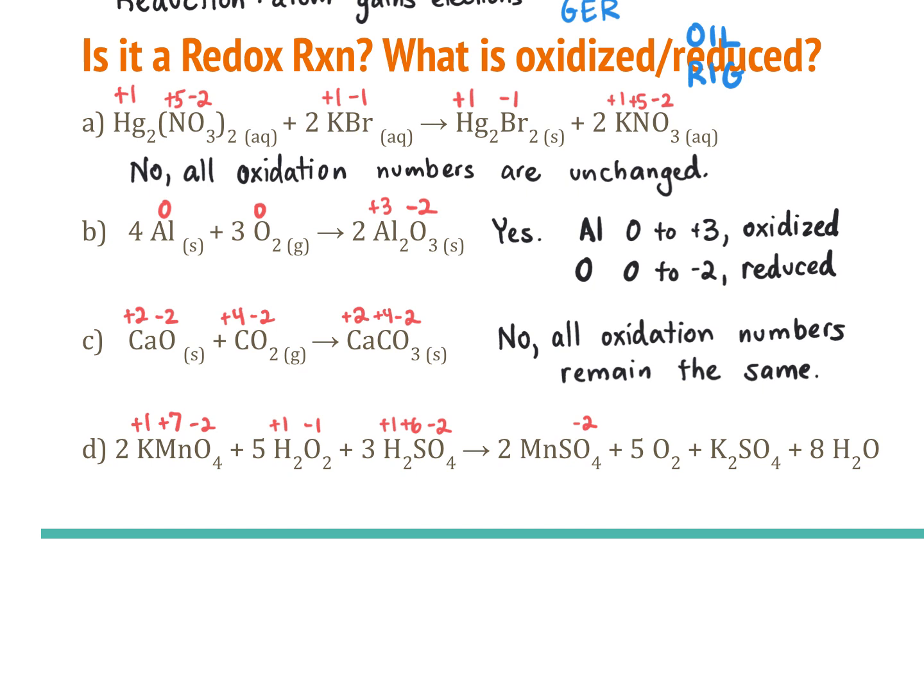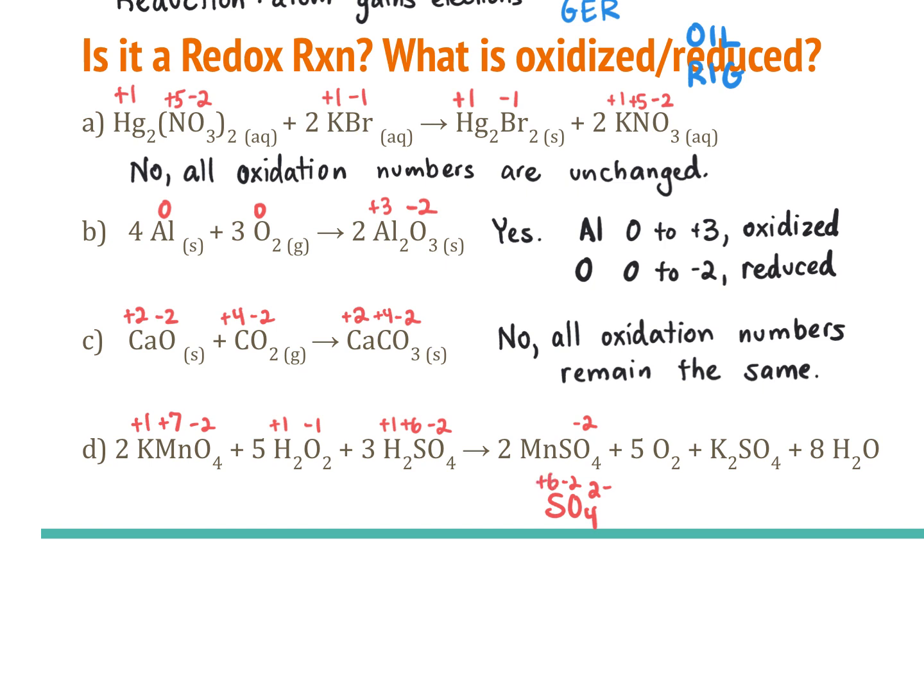Since between manganese and sulfur, sulfur's right below oxygen. Oh, I know how I'll figure it out. Sulfate, polyatomic ion, has a -2 charge. So if each oxygen has a -2 oxidation number, we've got -8. And the total charge of the whole ion has to be -2, so that means sulfur must be +6.